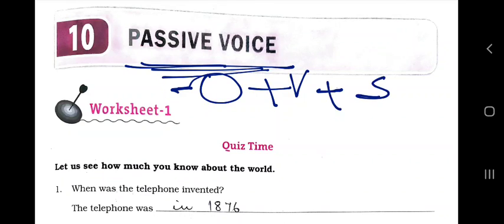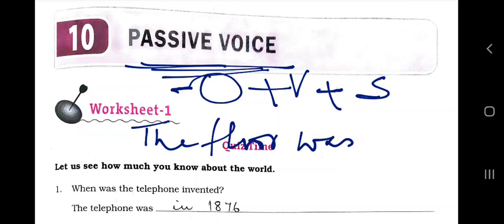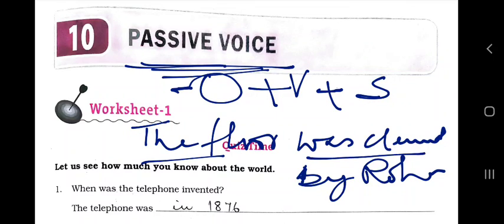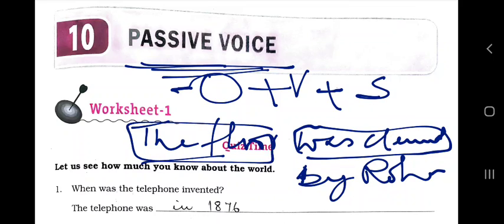Now let's write: The floor was cleaned by Rohan. Suppose one name, any name. The floor was cleaned by Rohan. Here this is object, this is verb, and this is subject.